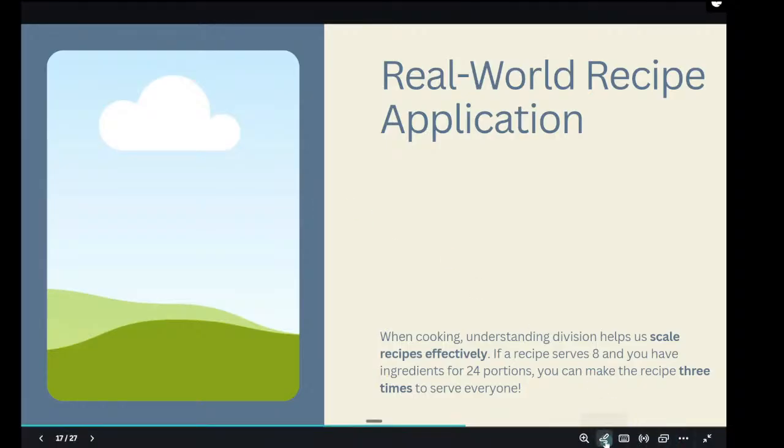So in this example, there are 24 portions that you have to make, but the recipe only serves 8 people. So how would you make this 8 serving recipe into 24 servings?